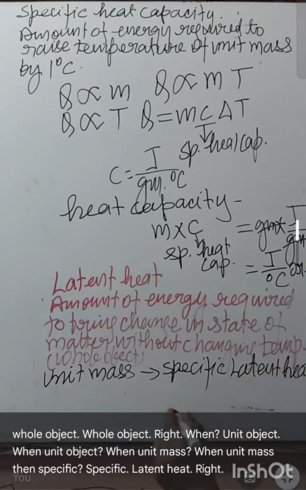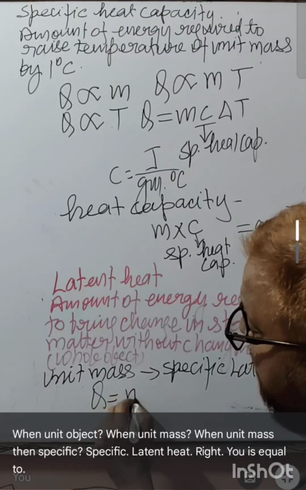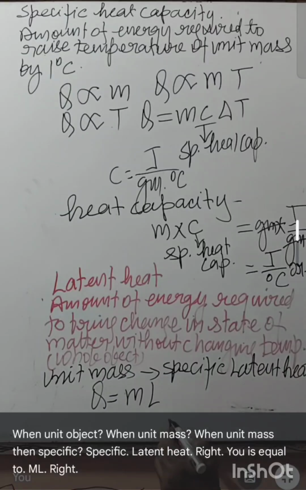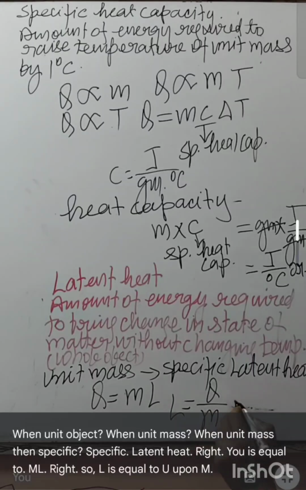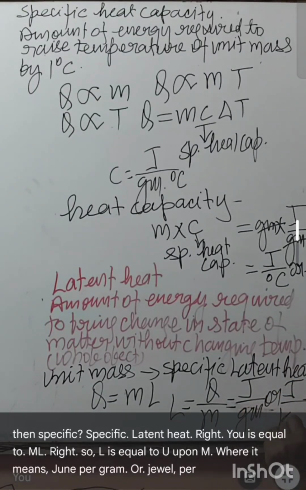Q is equal to mL, right? So L is equal to Q upon M, which means joule per gram or joule per kilogram. I hope you understand this much.